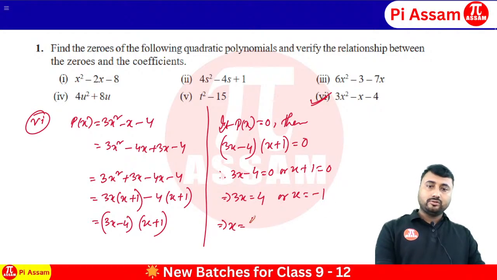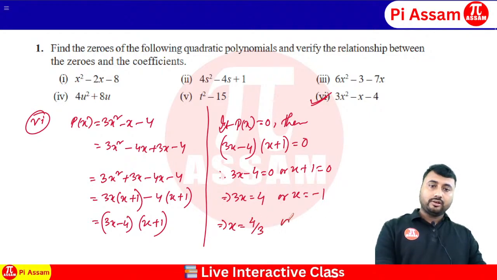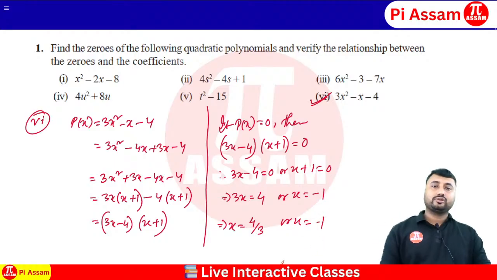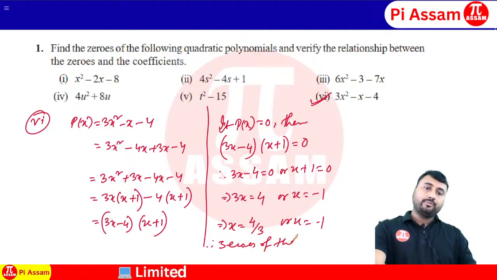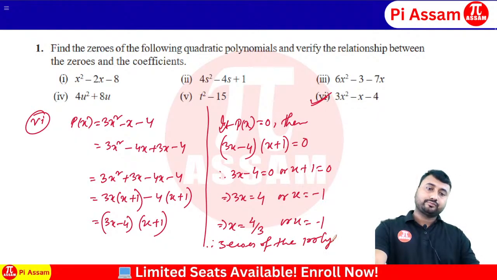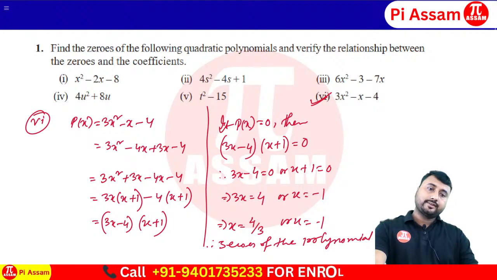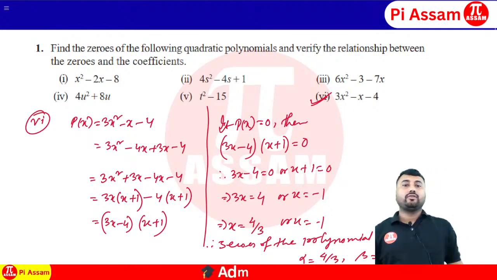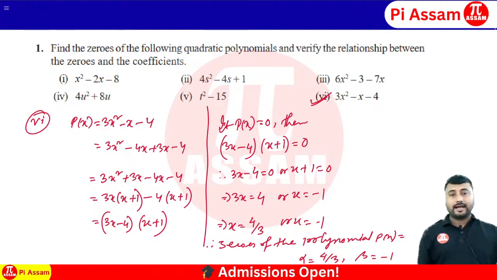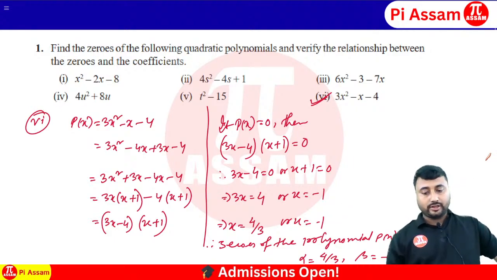Therefore x equal to 4 by 3 or x equal to minus 1. So the zeros of the polynomial p of x are alpha equal to 4 by 3 and beta equal to minus 1.